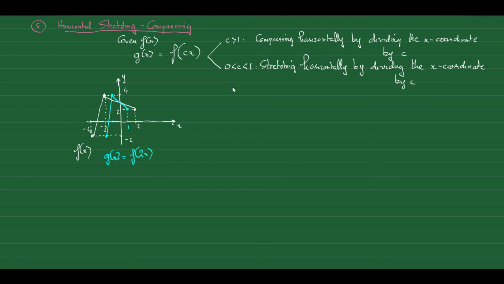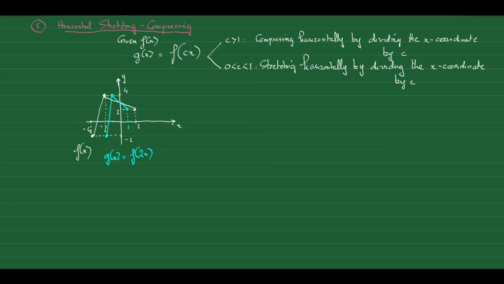Now, what if I want to do stretching horizontally? So by a factor of 2, so c is a factor of 1 over 2. Okay, so I divide the x component by 1 over 2.